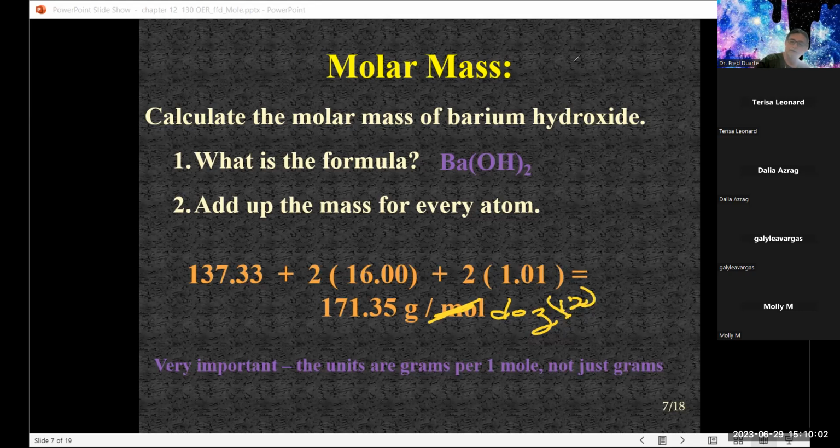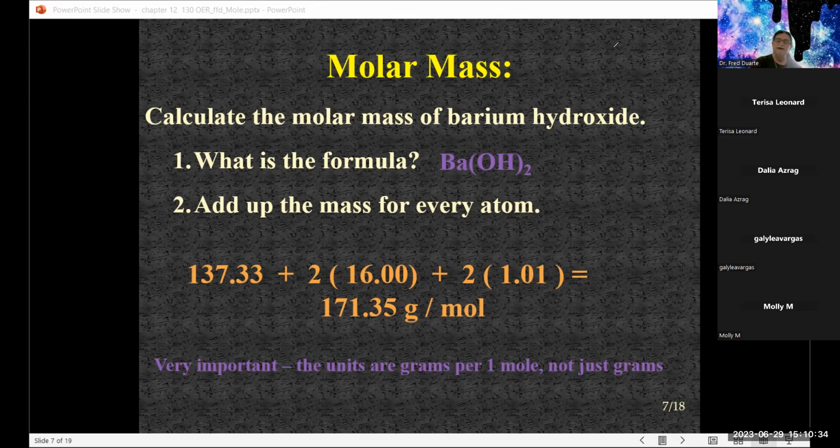But the units are grams per mole. Now, put your thinking cap on. If I weigh out 171.35 grams of barium hydroxide, how many individual molecules of barium hydroxide do I have? It wouldn't be the same? No, it would be 12. What's the number for a mole? 1?